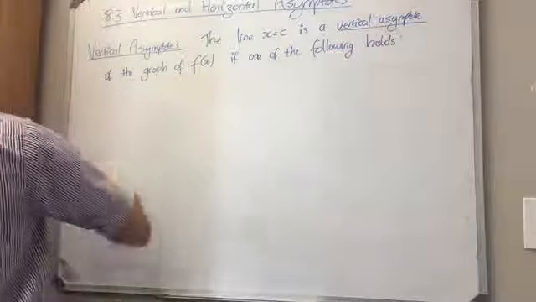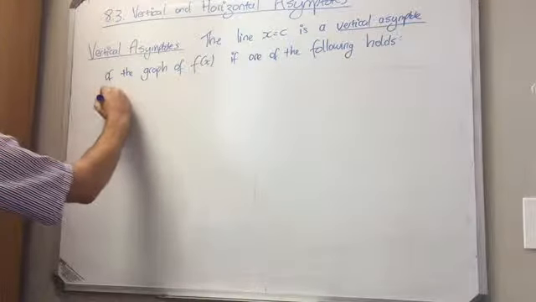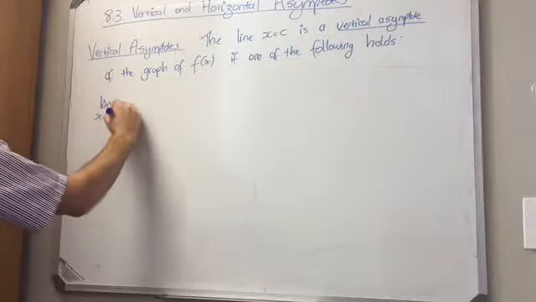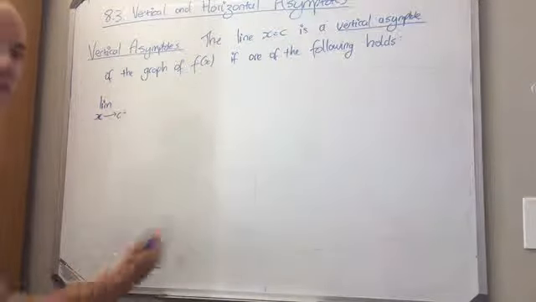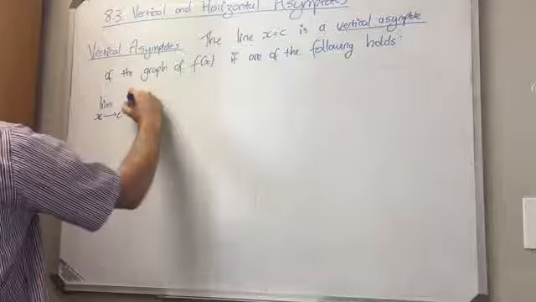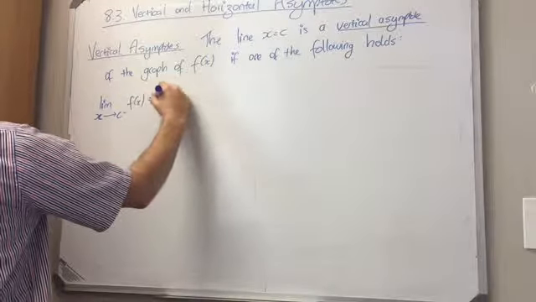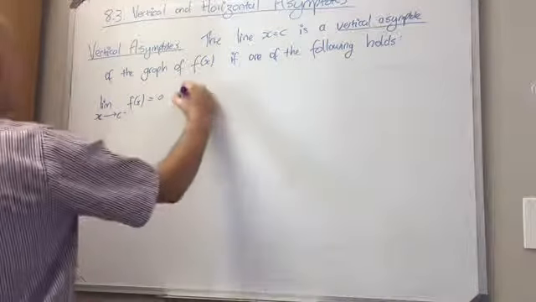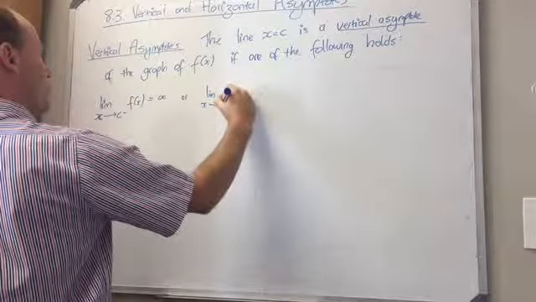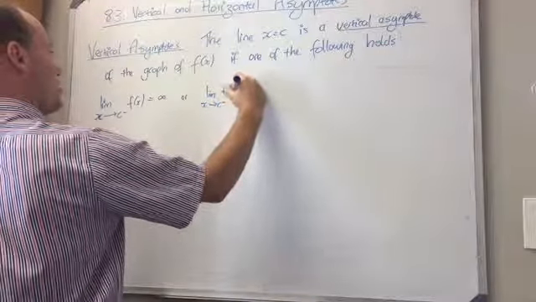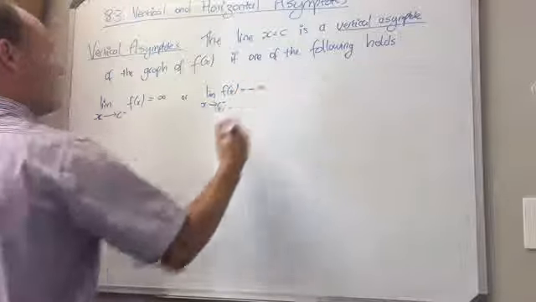okay, so as you approach c from the left, your function could tend towards plus infinity. That's one possibility. Or as you approach c from the left, the function could tend towards minus infinity.